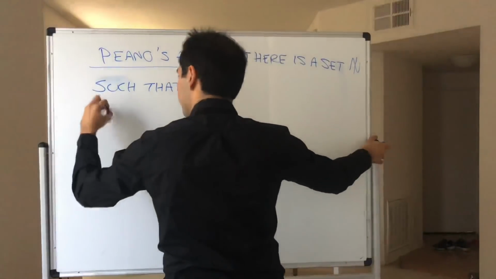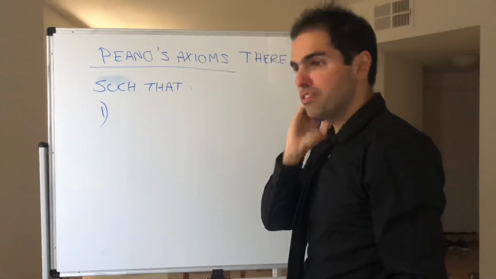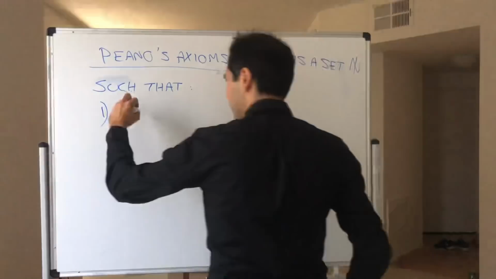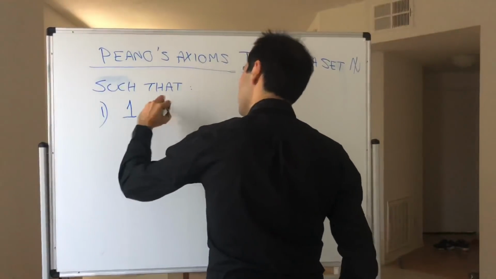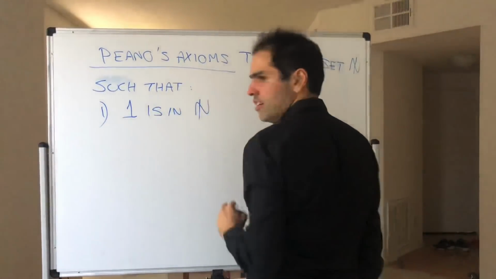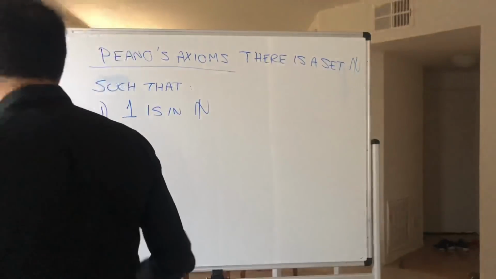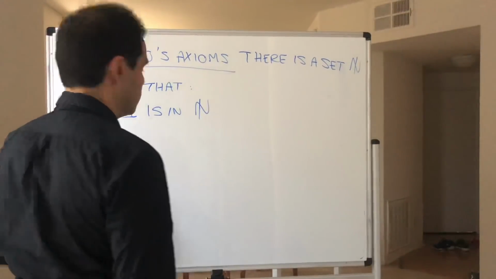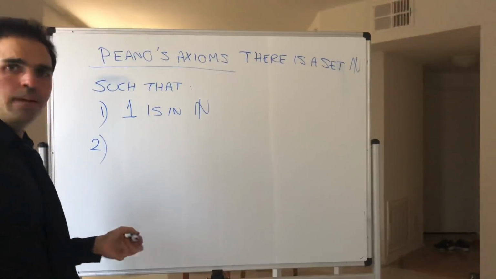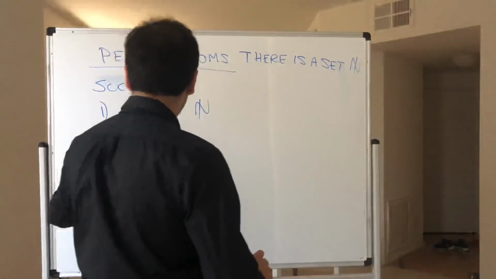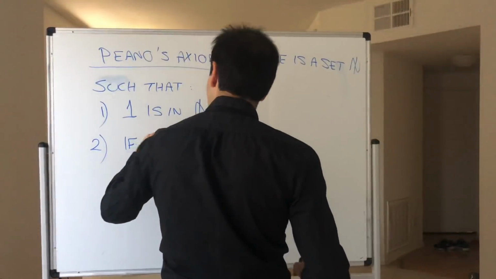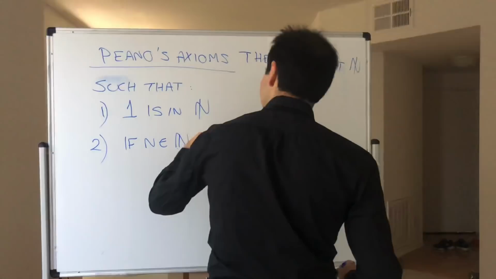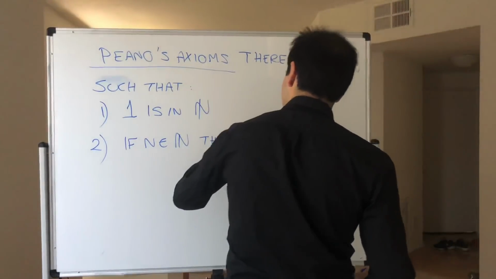First of all, the number 1 is in N. And moreover, there's the successor business: if a number n is in the set N, then its successor is in N.